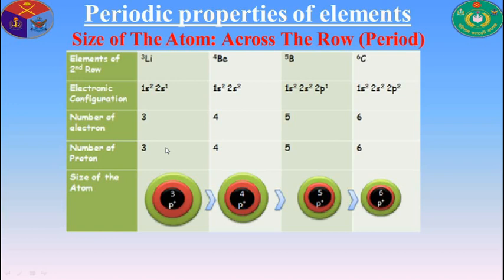As a result, effective nuclear charge increases and outermost valence electrons are attracted more by the nucleus. So atomic size decreases in a period from left to right.